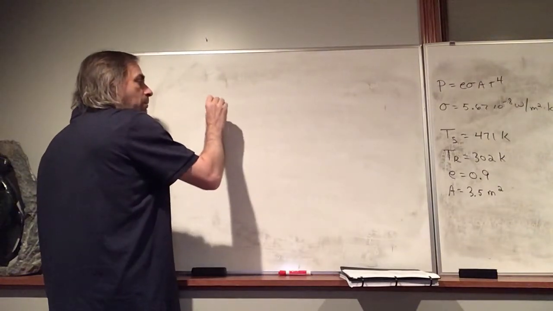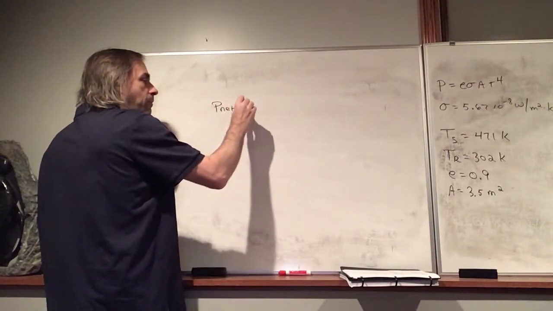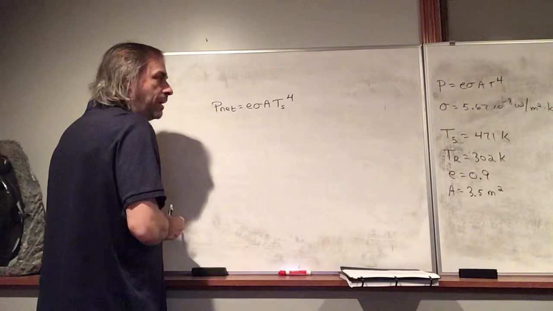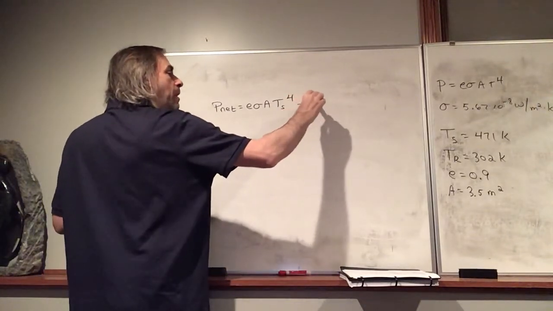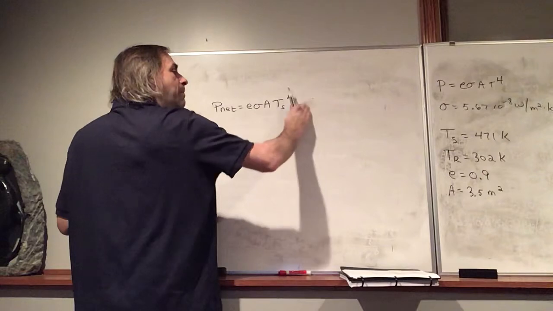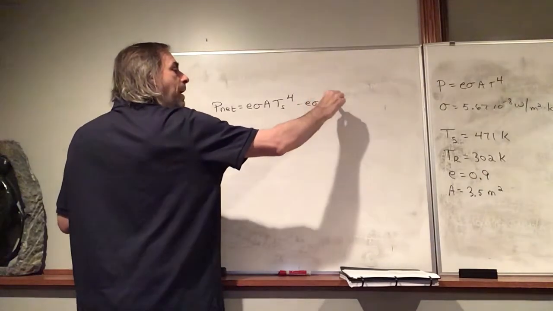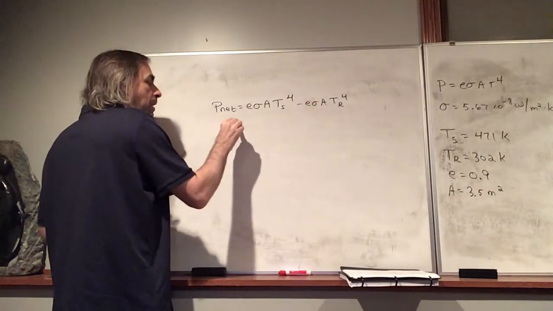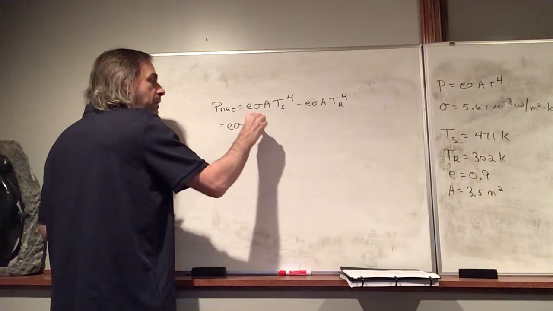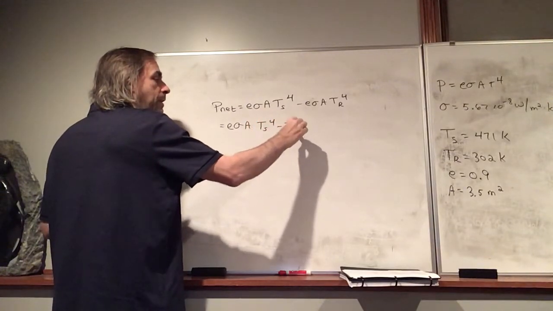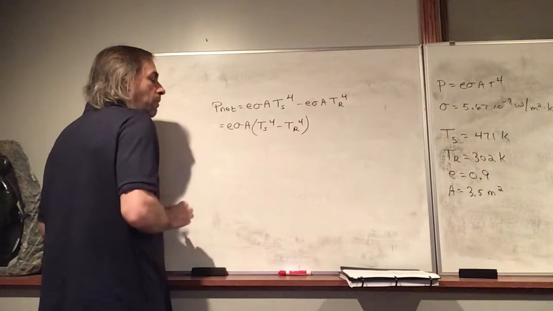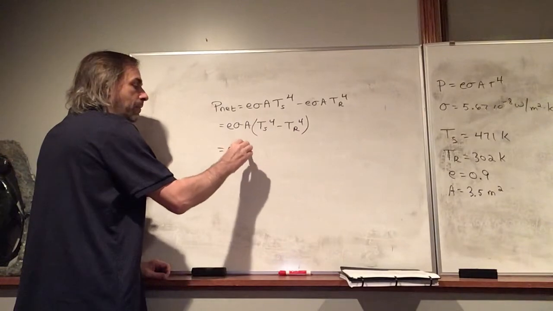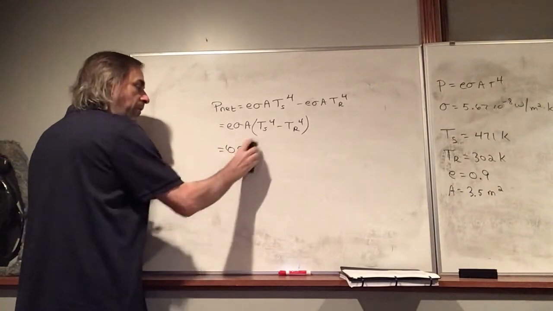So the net power, that's what it's radiating according to its temperature, and what it's absorbing from the environment depends on room temperature. And again, we can factor out the E sigma A, and then we have Ts to the 4th minus Tr to the 4th. So if we just plug in the numbers, this is 0.9.